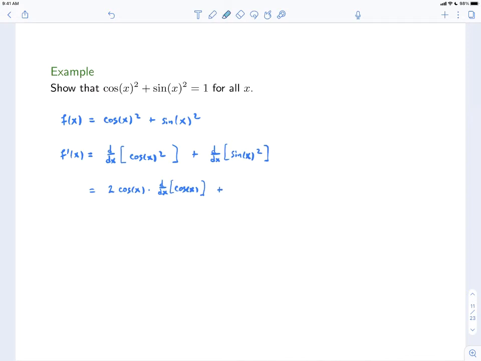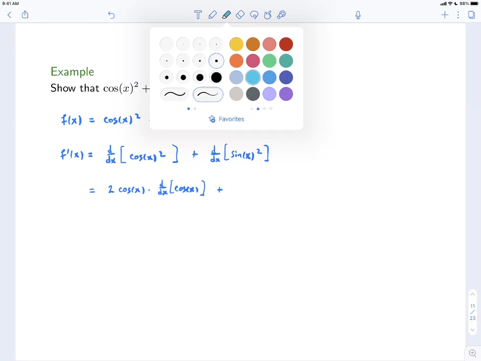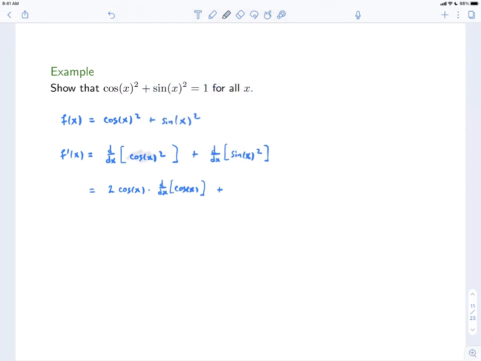So again, we're using the power rule here. Notice this was something squared. So the derivative of something squared is 2 times that thing to the 1 times the derivative of that thing. Now we're going to do the same thing to this next derivative. The derivative of sine squared is the derivative of something squared, so that's 2 times that thing to the 1 times the derivative with respect to x of whatever that thing was. In this particular case, that thing was sine of x.